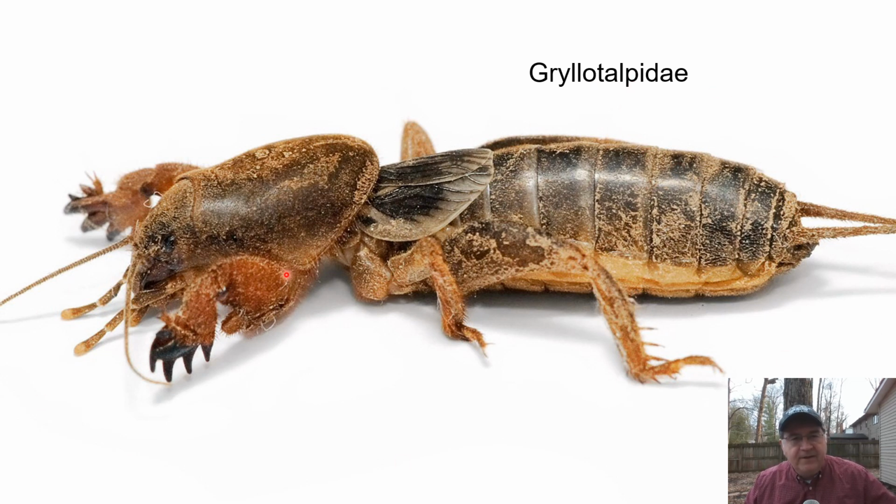You can see they have these enlarged forelegs with great processes developed off of them to increase the surface area for them to dig and burrow underground. They have wings, but of course, something as massive as this, those wings are not going to be worth anything in terms of generating flight.